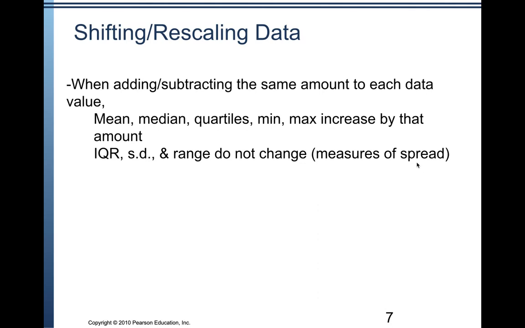Think about it. If I take everyone's bill and add $10 to it, each individual value is going up by $10, which means how spread out they are is not going to change. Things like the IQR, the standard deviation, the range, things that measure how spread out the data is, are not going to change. That is what we call shifting data.